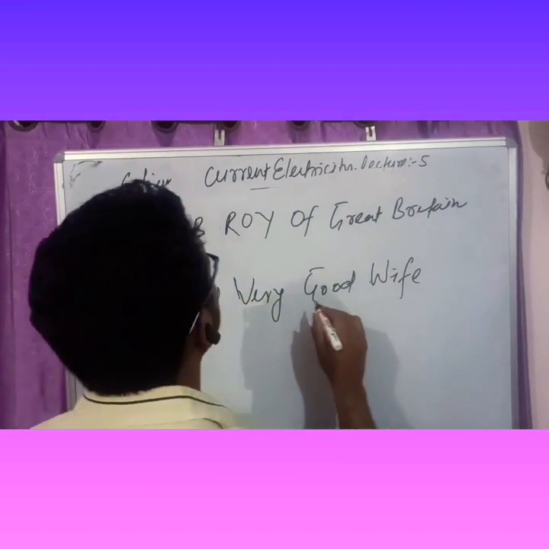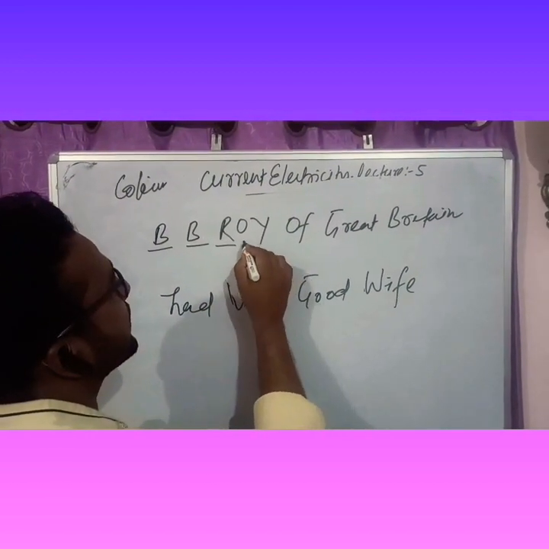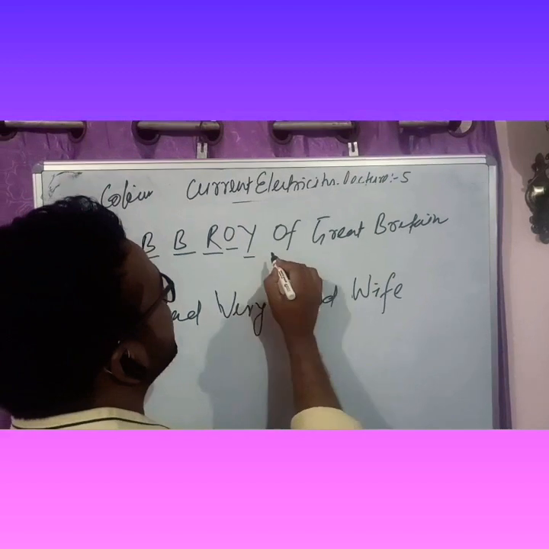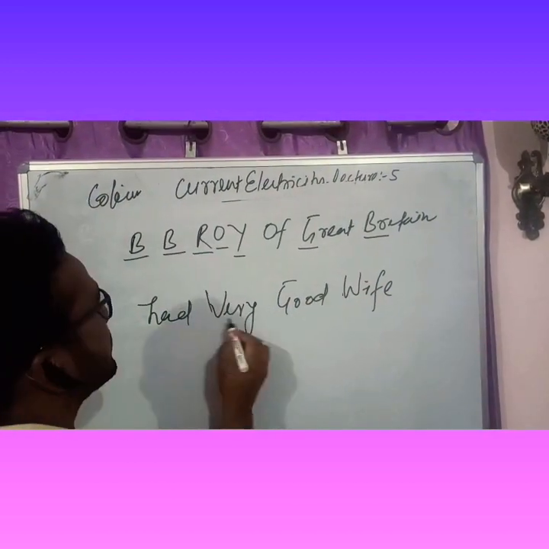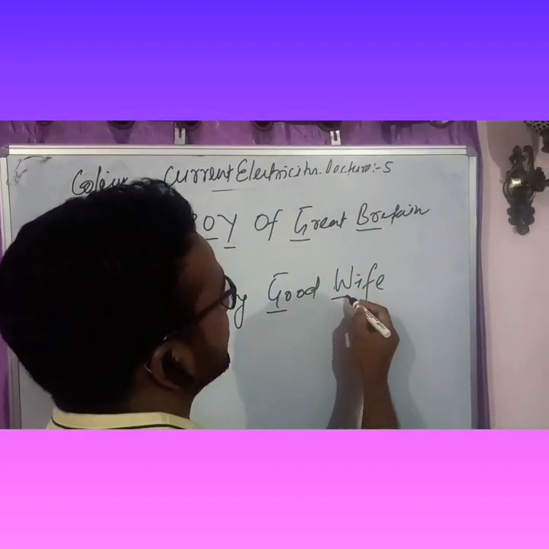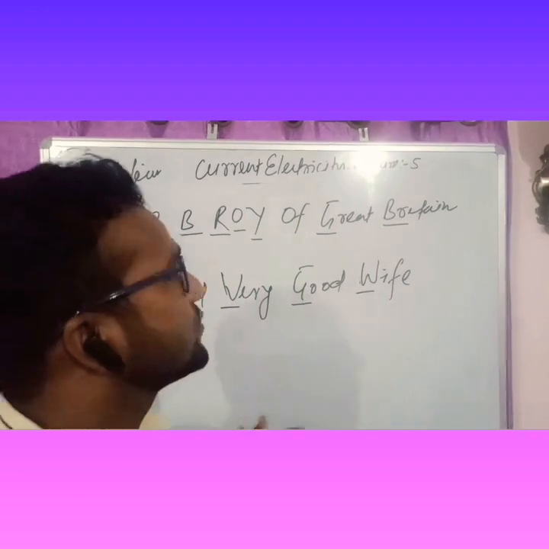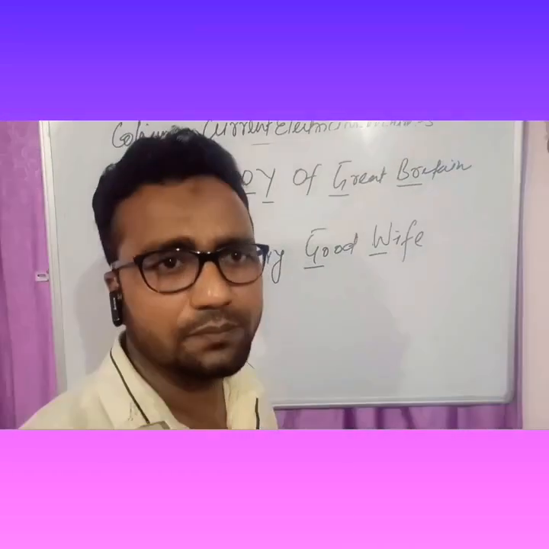Now from these letters: B for black, B for brown, R for red, O for orange, Y for yellow, G for green, B for blue, V for violet, G for grey, and W for white. In this way, we can remember the color code.